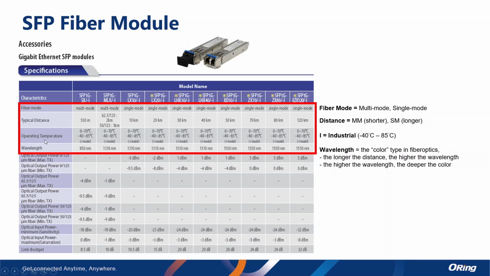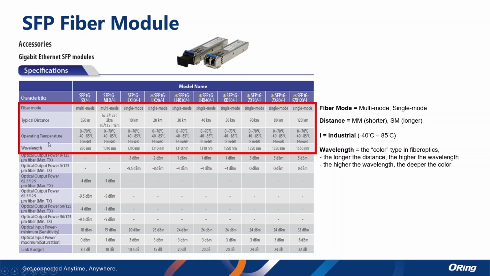And then for the operating temperature, we have two different categories. The first one is without I model, and the second one is with I model. The difference is that the I model is for industrial use, so it can support minus 50 degrees until 85 degrees Celsius.